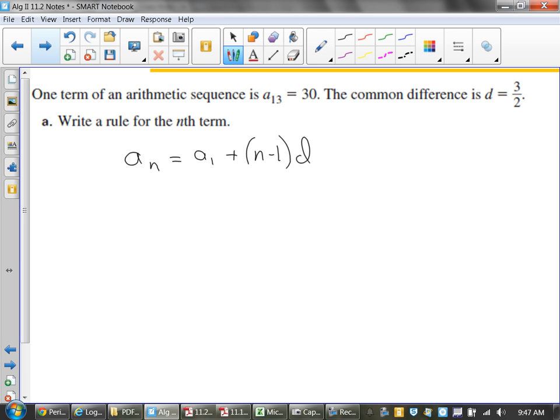I'm looking for the 13th term, so it's the first term plus 13 minus 1 times 3/2. And the 13th term is 30. So I know that 30 is going to have to equal the first term plus 3/2 of 12. Well, 3/2 of 12 is how much? 18, very good.